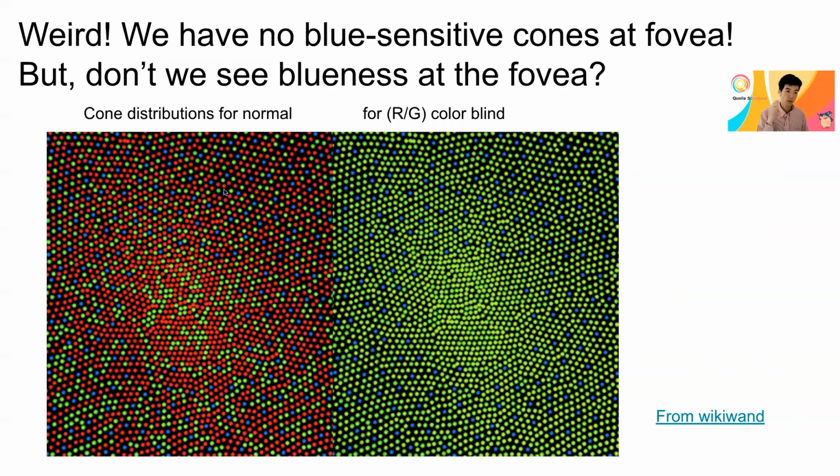To be more precise, short, medium, and long wavelength cones. And the right side is red-green colorblind people who have only 2 types of cones, blue and green. And in both cases, you see that the blue cone is absent here, and also here.